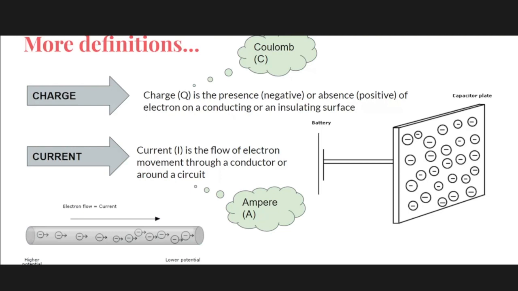So current is measured in amperes, and essentially electrons flow from a high to a low potential, so from negative to positive. Confusingly, a conventional diagram shows electricity flowing from positive to negative, but actually the electrons flow from negative to positive. That's just the conventional way of doing it.